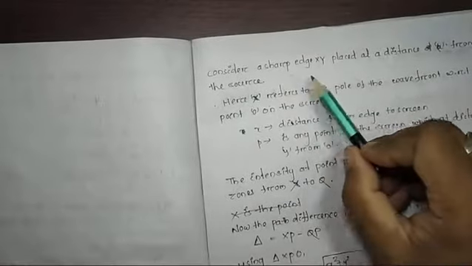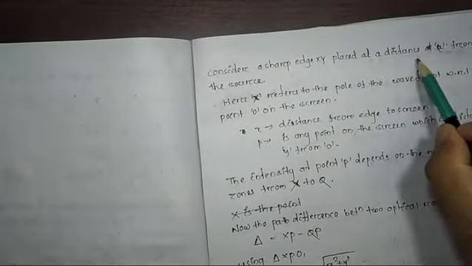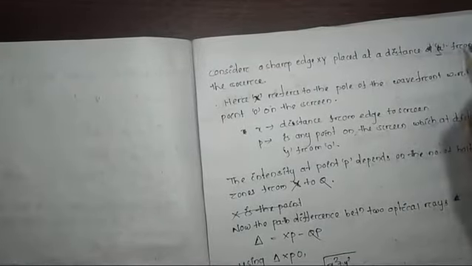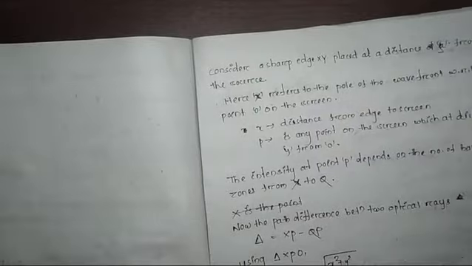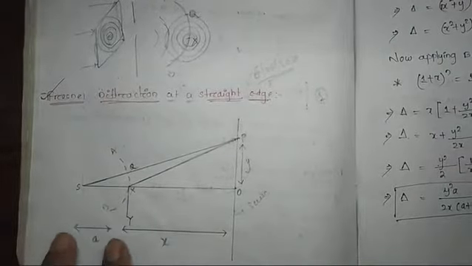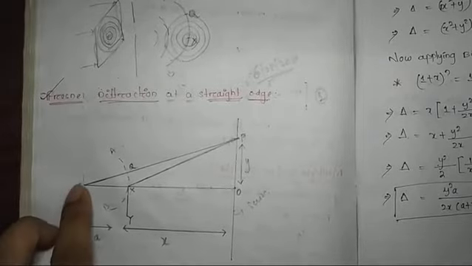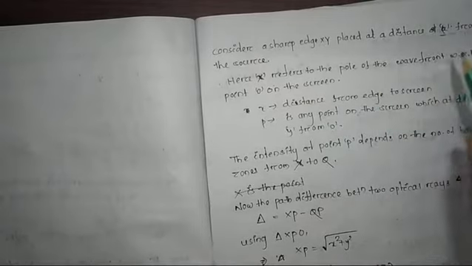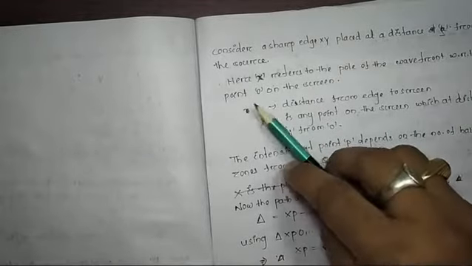Consider a sharp edge XY placed at a distance a, small a, from the source. XY is the edge kept at a distance a from the source. Here X refers to the pole of the wavefront with respect to the point O on the screen.